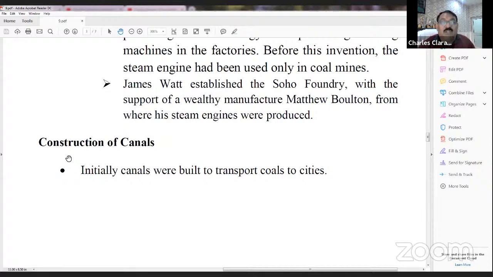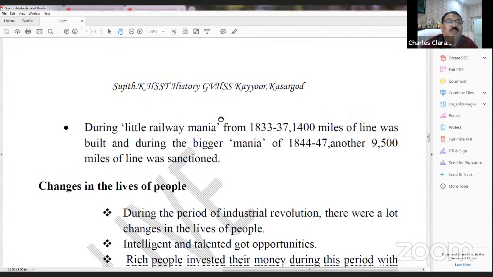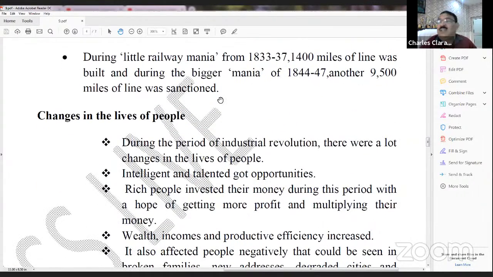So if you wanted more industries, you needed to work out the transportation system. Transportation for, number one, coal. If coal was important, then they started building canals. Initially, canals were built to transport coal to the cities. That was the first purpose of the construction of canals, so that you could actually transport coal.